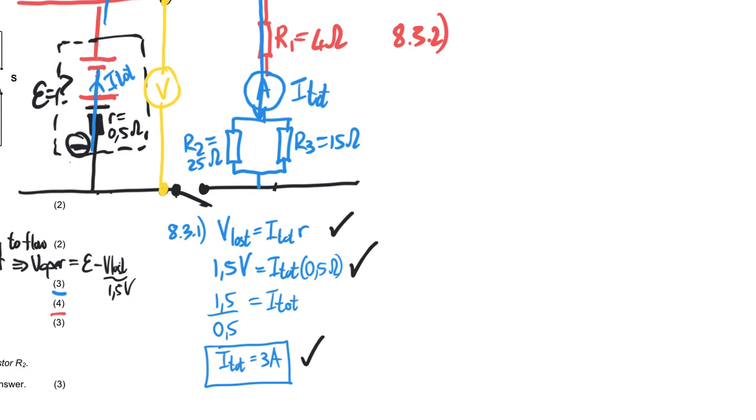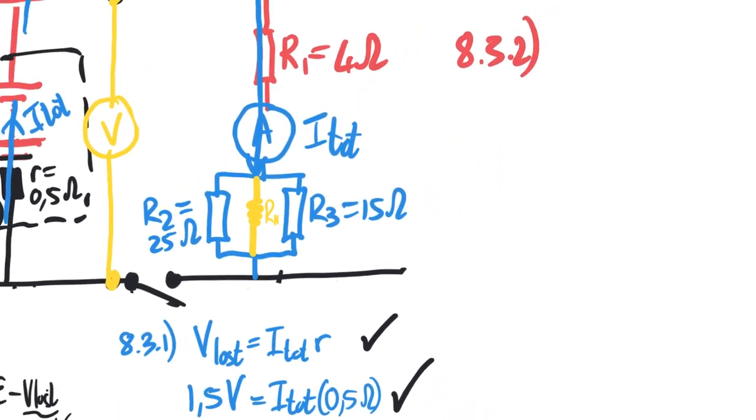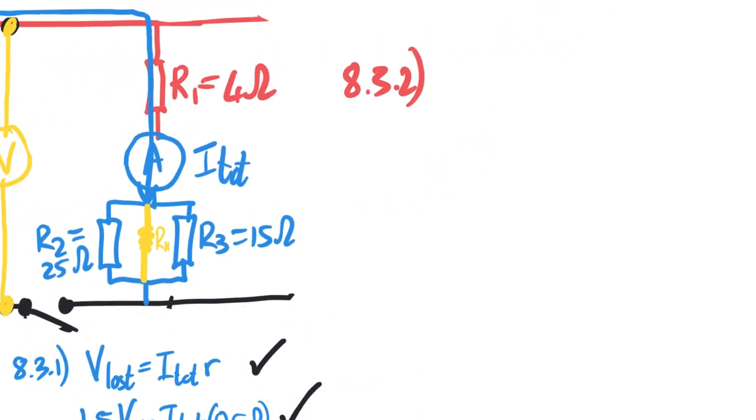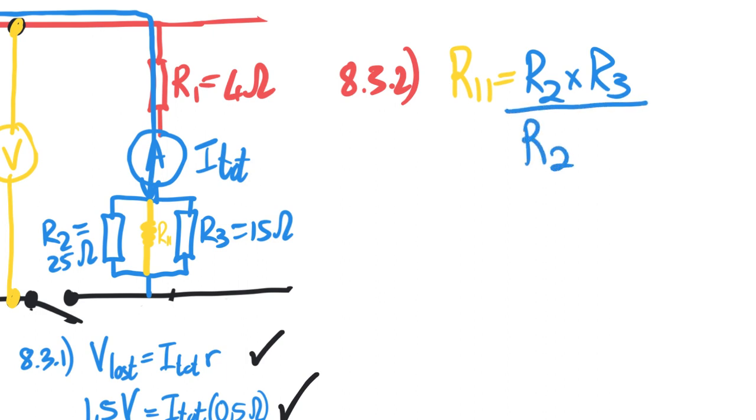So first things first, we're going to work out R parallel, the equivalent resistance of R parallel. It's always good to start with the parallel part of the circuit. So I'm going to use the fact that R parallel equals R2 times R3, the product of the two resistors over the sum of the two resistors.